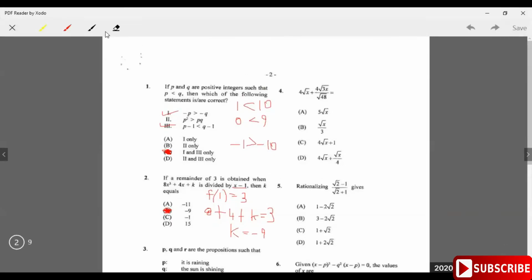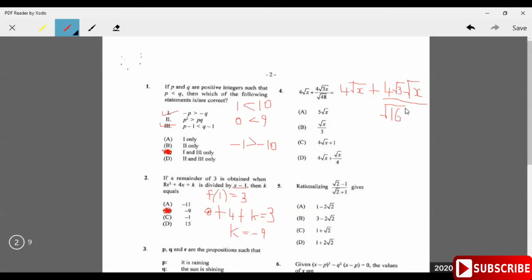Question 4 asks us to simplify this. So we have 4 root x plus 4 times root 3x over root 48. I'm just breaking up root 3x as root 3 times root x. And then for the root of 48, we can break up 48 as 16 times 3.